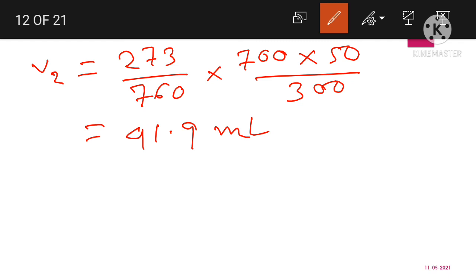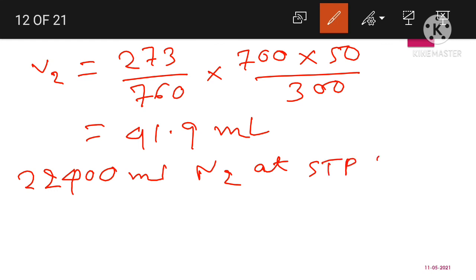Now with a similar procedure, 22,400 ml of nitrogen at STP will give 28 gram of nitrogen.